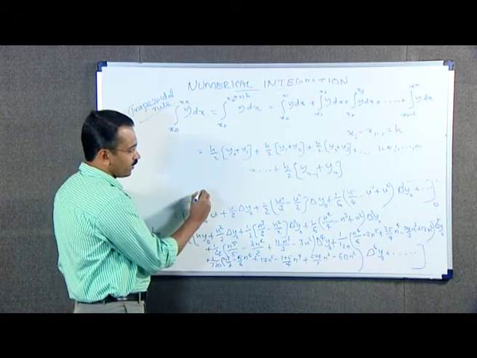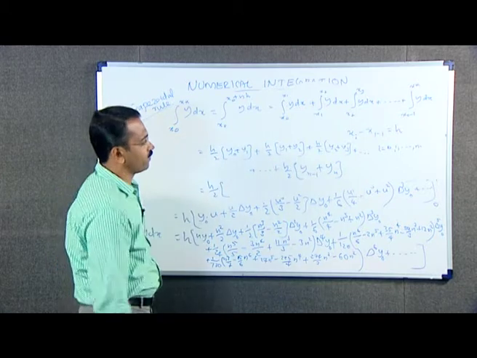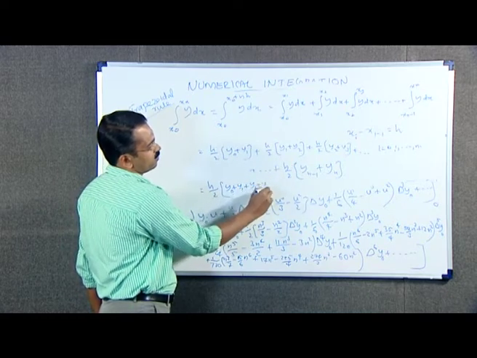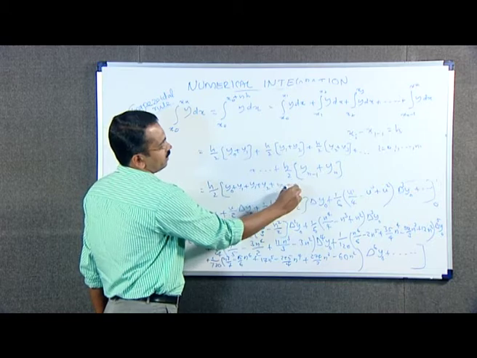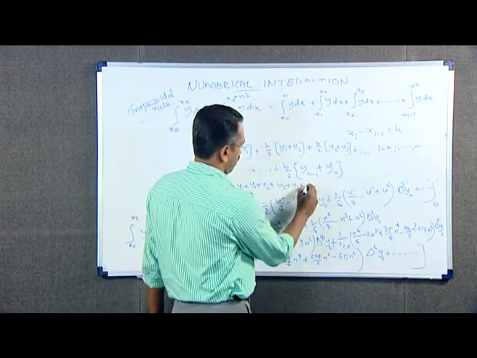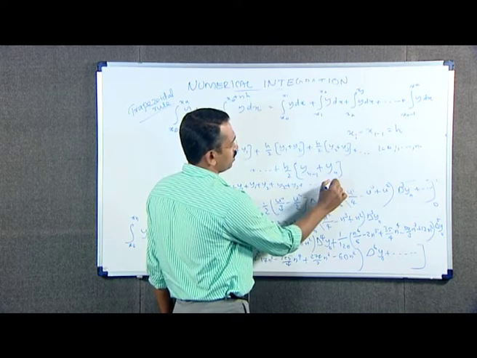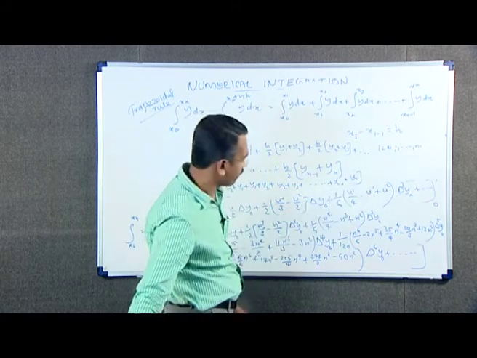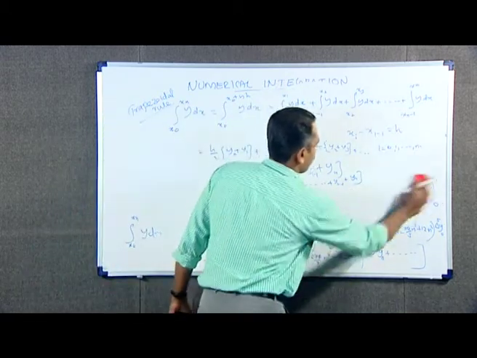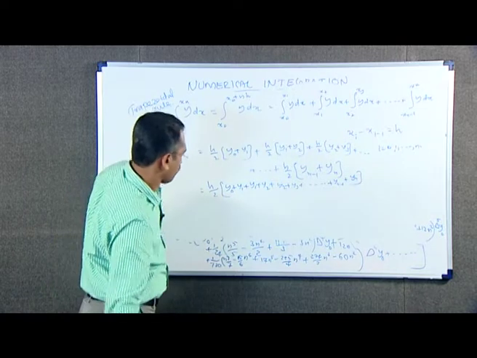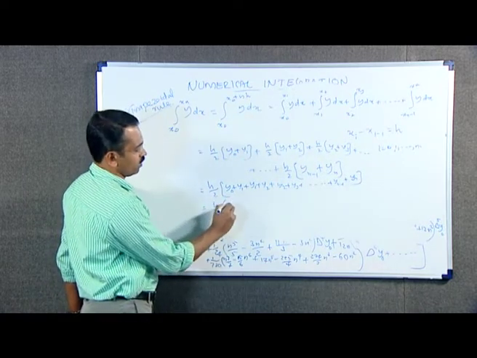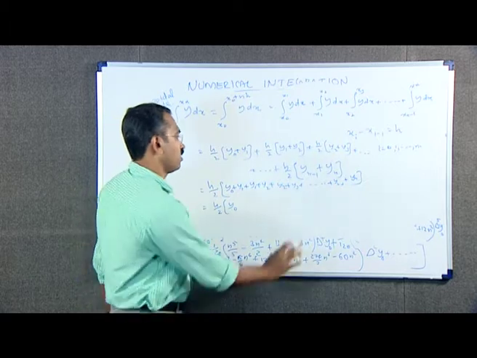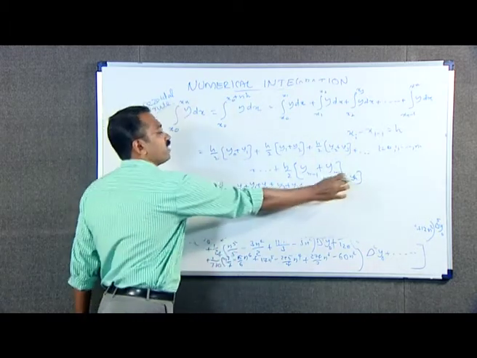This is equal to, h/2 is common, (y0 + y1 + y1 + y2 + y2 + y3 + etc. + yn−1 + yn), which is equal to h/2 into, here y1, y2, y3 etc. are 2 times, y0 is only 1 and yn is only 1.